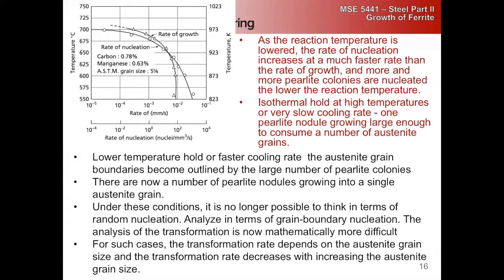But basically, if you think you've got a homogeneous field, right, and you're nucleating a little spheroid of either cementite or ferrite, right? And growth is largely isotropic.